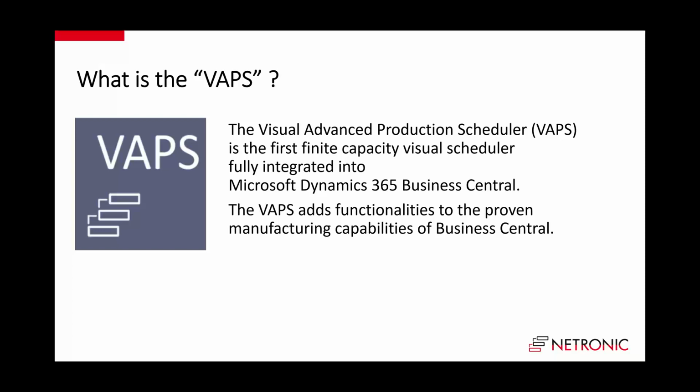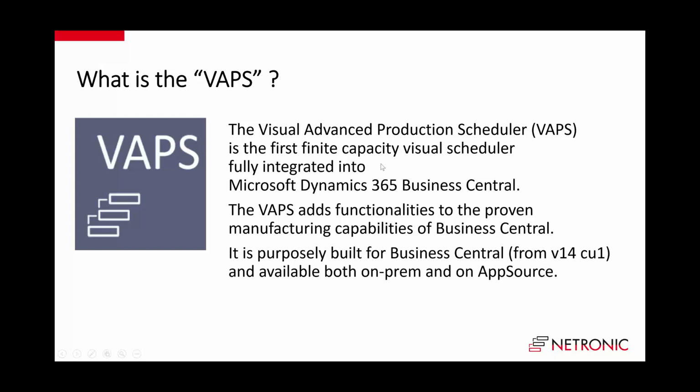So it is not just a visual drag and drop scheduler, but there are new manufacturing capabilities that come with the VAPS so that we can really support and facilitate true finite capacity scheduling. The VAPS is purposely built for Business Central from version 14 cumulative update 1, and it is available both on-prem and on AppSource. With every new version we build, we go back to Microsoft and submit it for AppSource validation again and again.